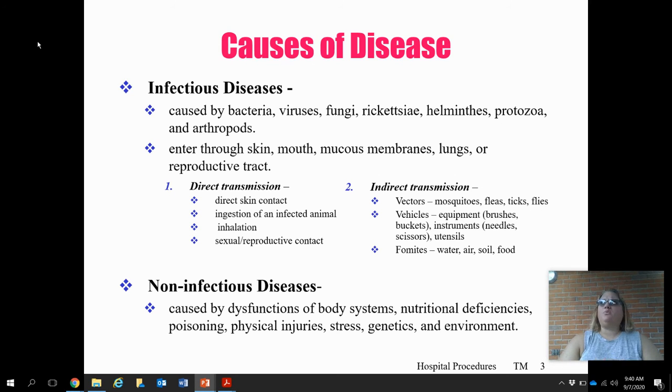That's really why we need to make sure that we clean all our animals' food bowls and water bowls on a regular basis, because that is one way that bacteria and viruses can enter the body. And then you have fomites. Water, air, soil, and food is another way to introduce bacteria and viruses into our bodies.